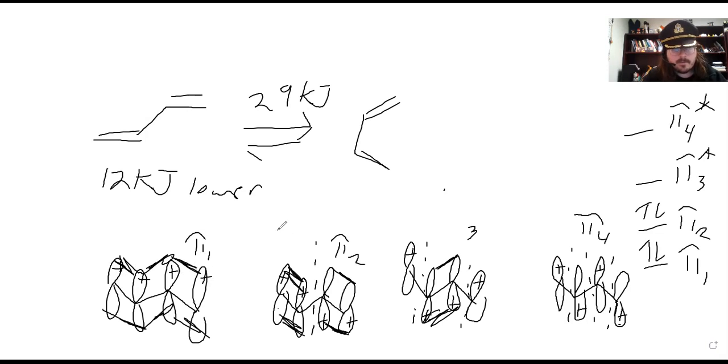Though you can easily convert this with 29 kilojoules to get over the energy barrier and shift this into the pi 2 bonding structure.